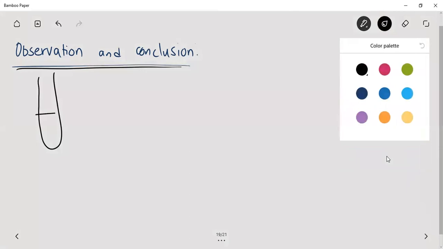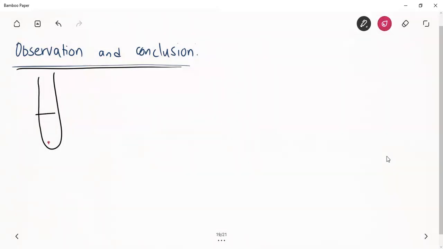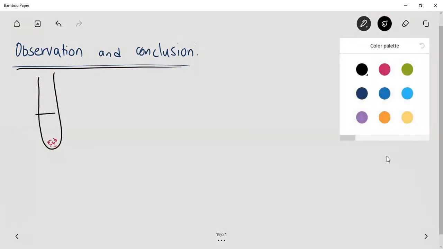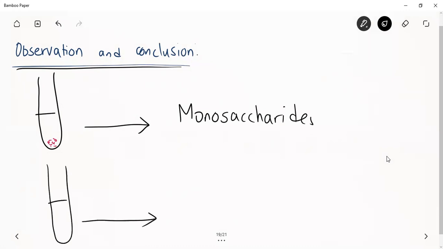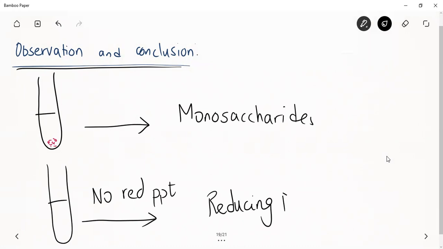If we see the red precipitates, it is a monosaccharide. Example, glucose. If we do not see the red precipitate, it means the unknown was a reducing disaccharide.